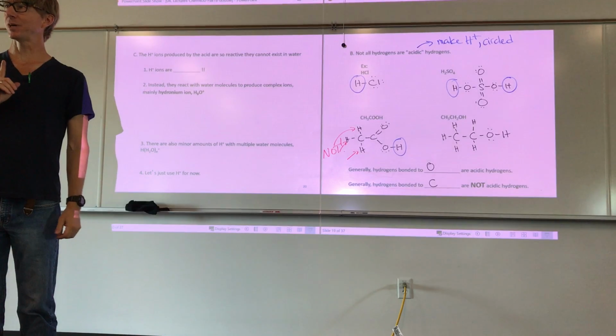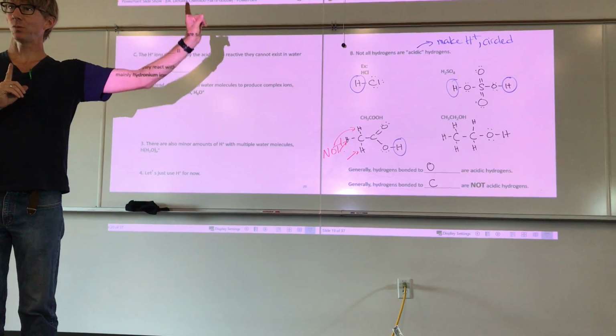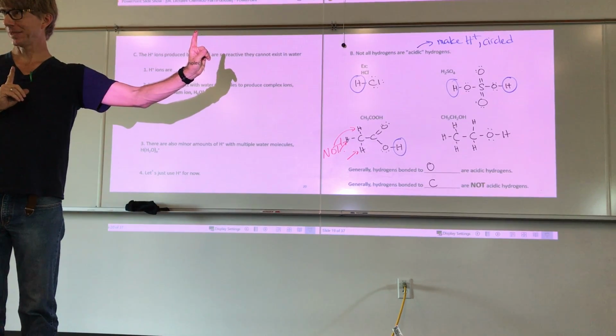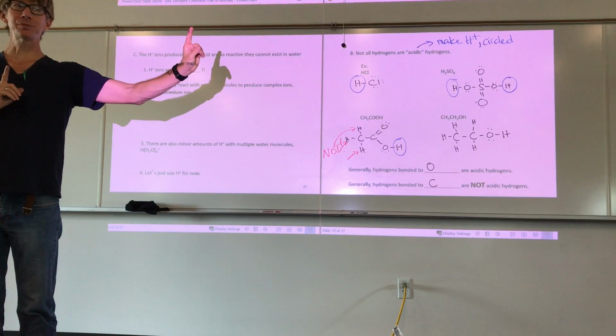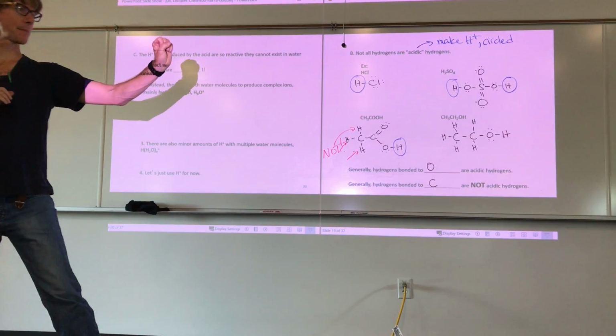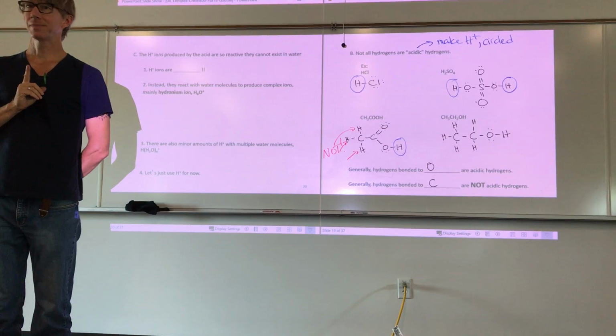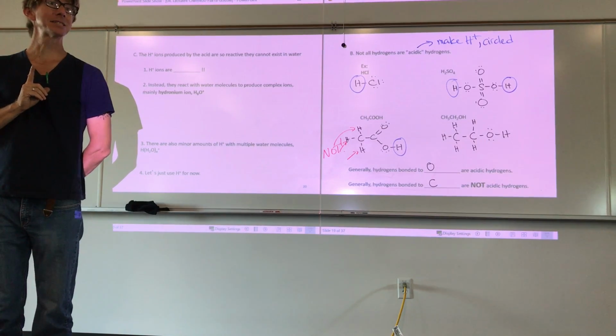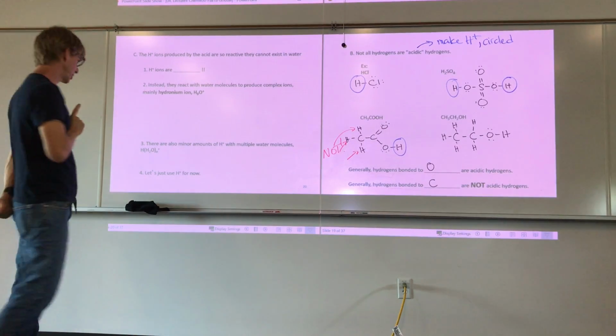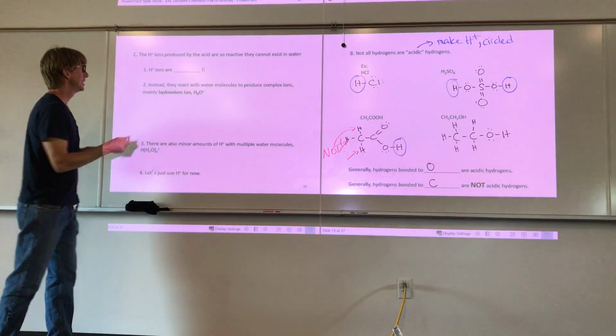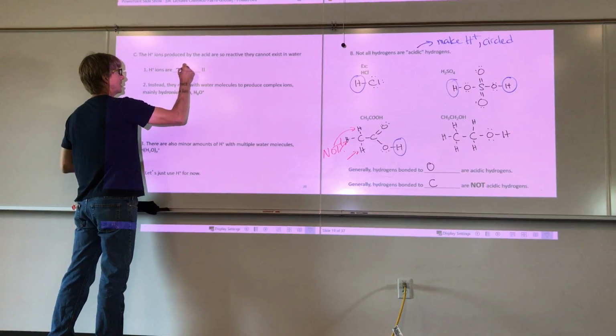How many electrons do I have? 1 as an atom. Now I become H+. By losing my electron, what am I? Proton. I'm a proton. Hence the name diprotic or monoprotic for acids and bases. H+ ions are protons.